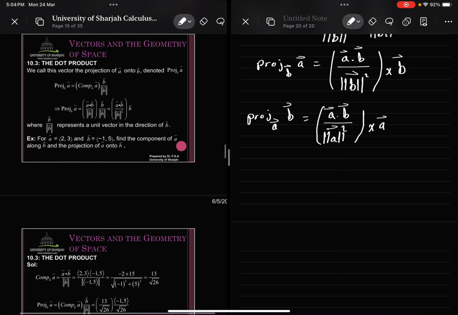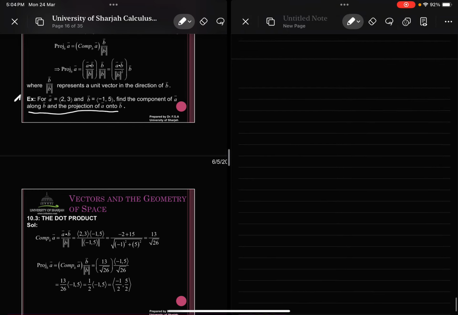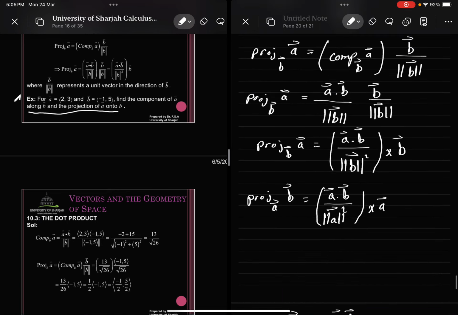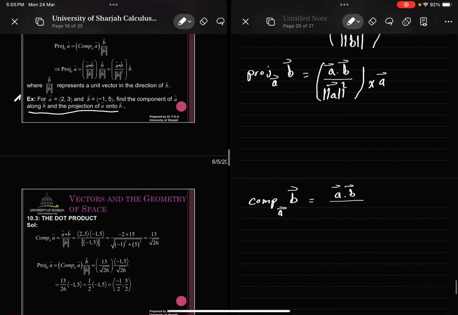exercises. We have this exercise: a is 2, 3 and b is -1, 5. Find the component of a along b and the projection of a into b. So the component of a along b is a dot b over the magnitude of a.